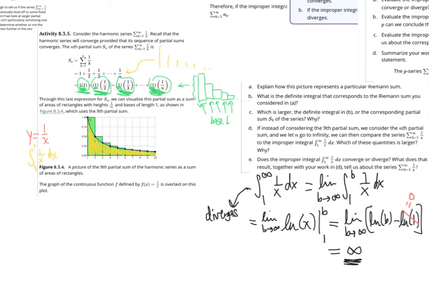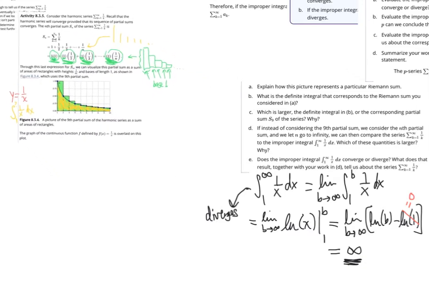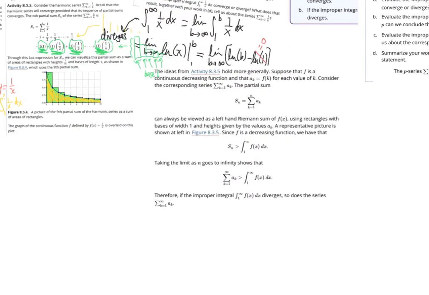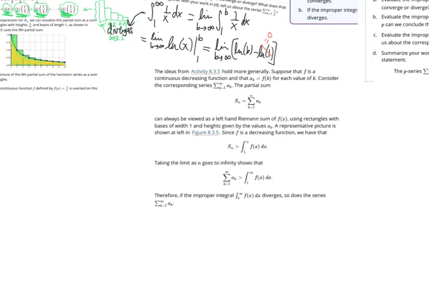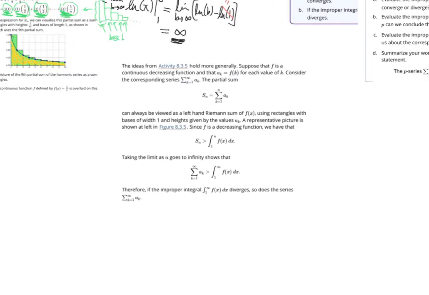So let's try to absorb the ideas we got from the activity a little better. We can generalize the ideas that we saw in this activity.